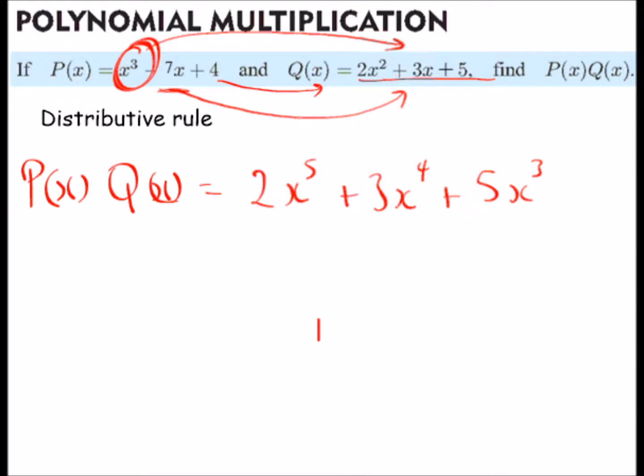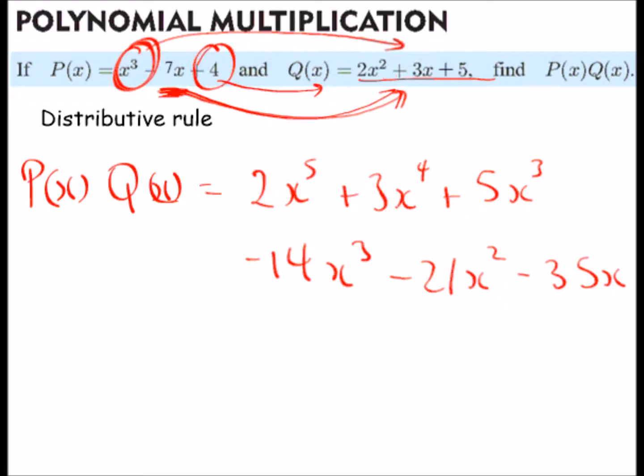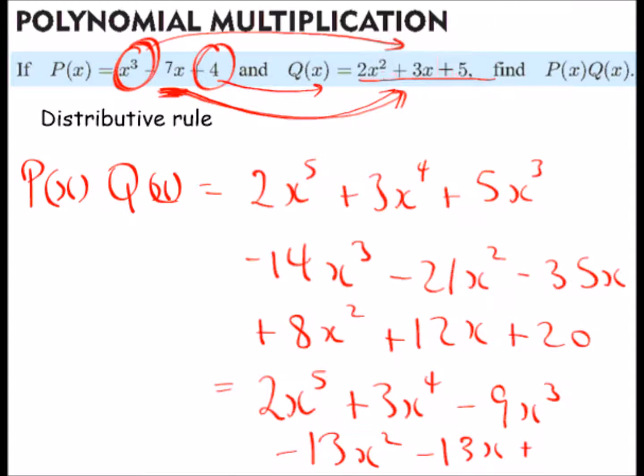Next we have our negative 7x multiplying our polynomial, so let's do that. And we end up with those 3 terms. And finally, the plus 4 multiplies q of x to give us those 3 terms. So now, collect all the like terms, and here is our final result.